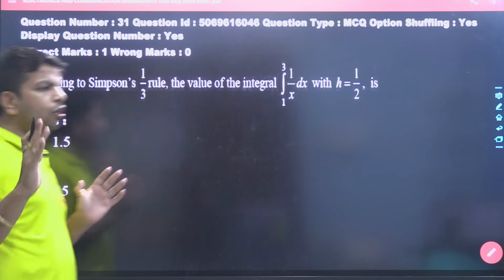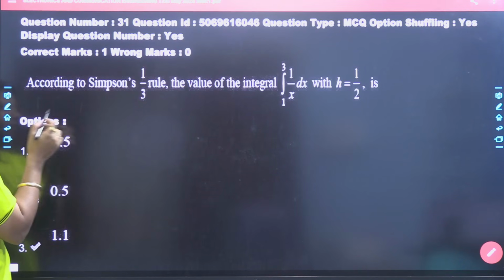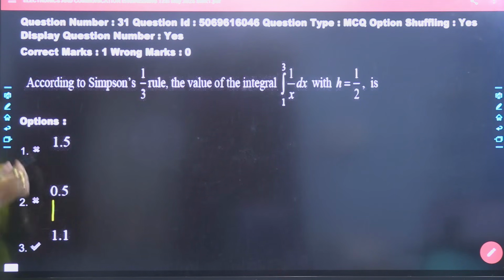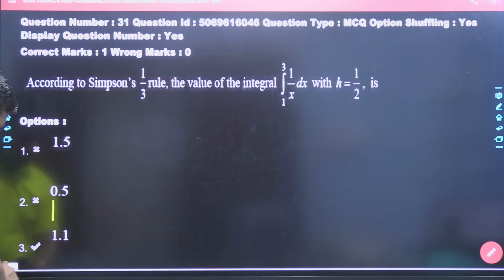So first of all, you need to identify what the Simpson's 1/3 rule is. Okay. Let's see here. I will solve that on another page.